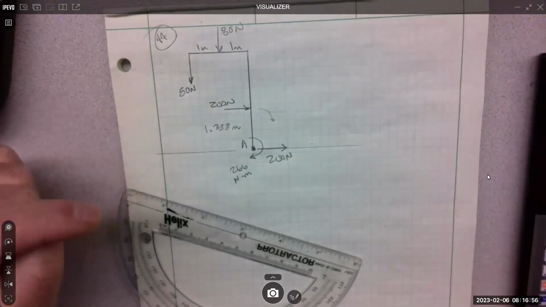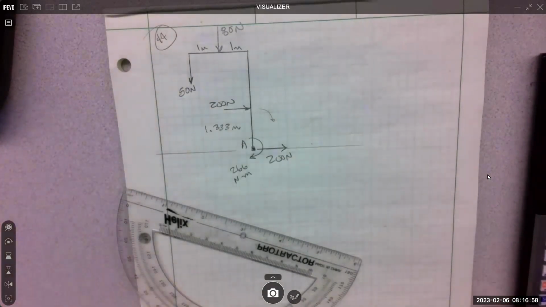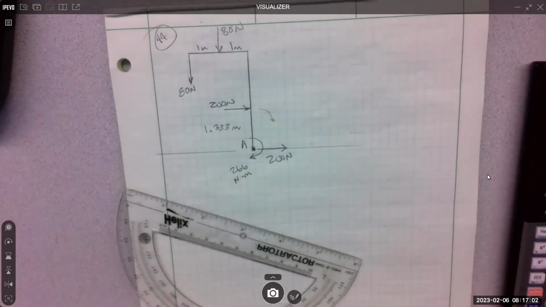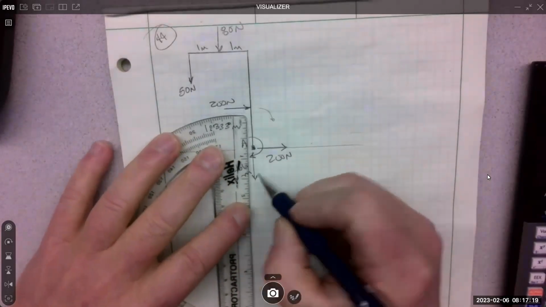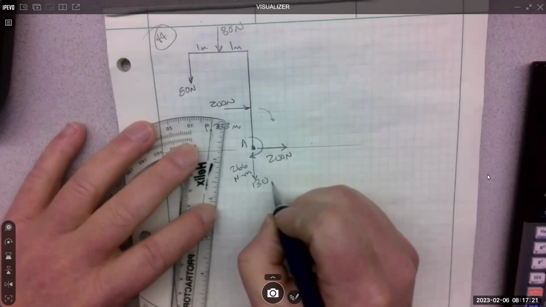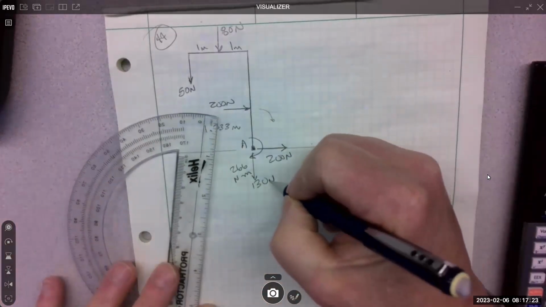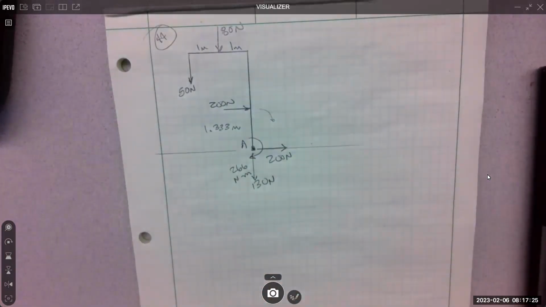How many forces do I have in the Y direction? How many of them? 2 of them. The 80 and the 50, which adds up to 130. Right? Because they're both coming down, 130 newtons. And I got to move those.